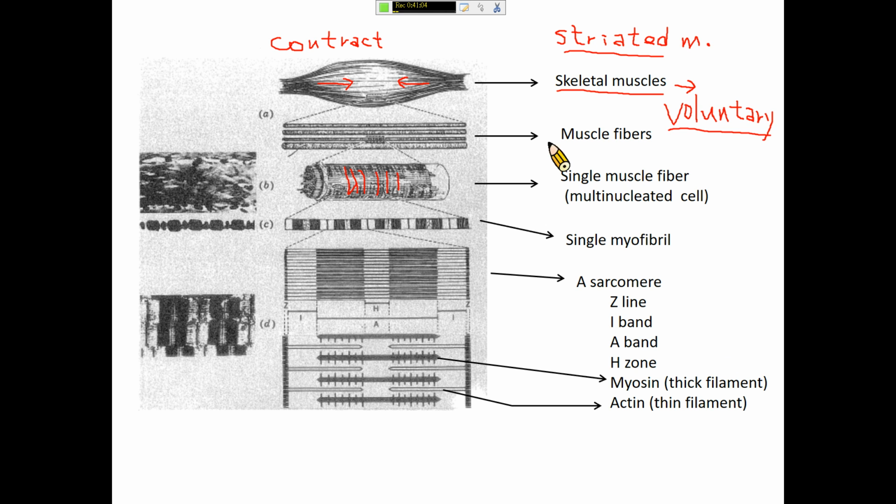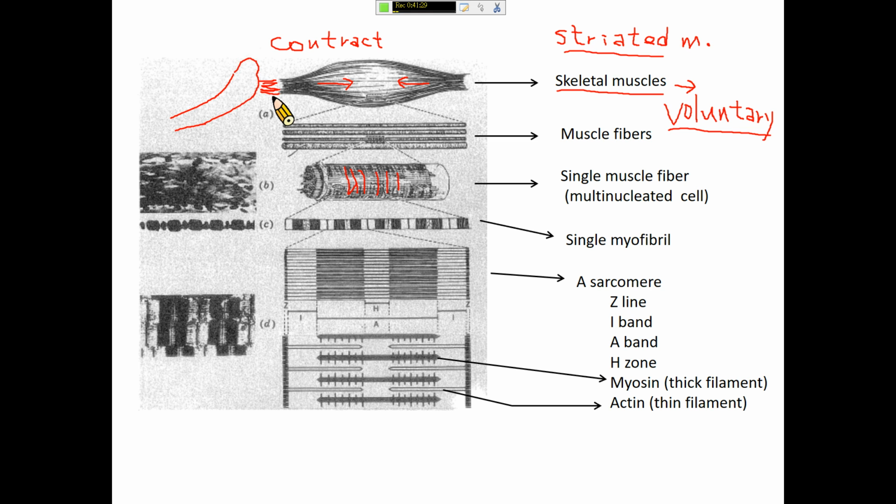Okay. The tendons here. These are tendons and they're connected to the bone like that. The tendon cannot contract at all. There is no actin, no myosin there.